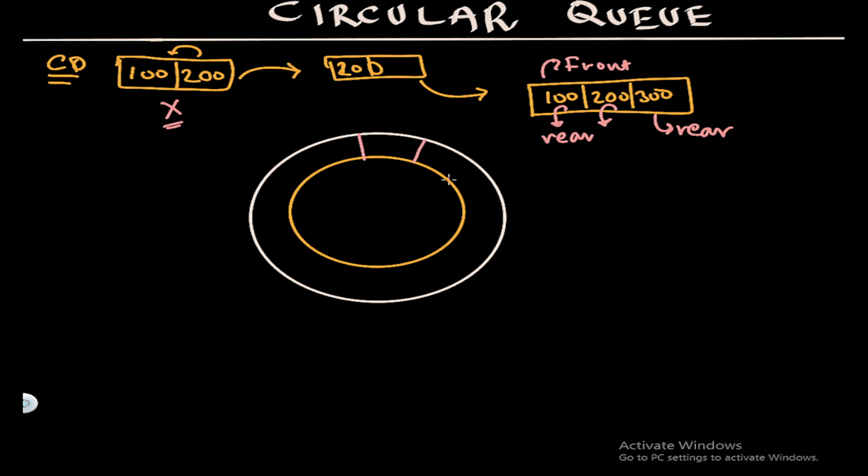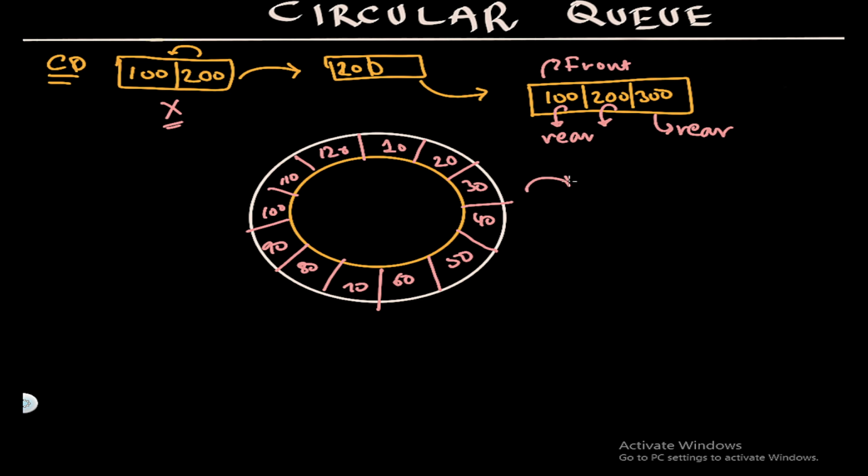Let me mark some divisions up here. Sorry about the drawing part. Try to think that this is your element 10, this is your element 20, this is your element 30, 40, 50, 60, 70, 80, 90, 100, 110 and 120.